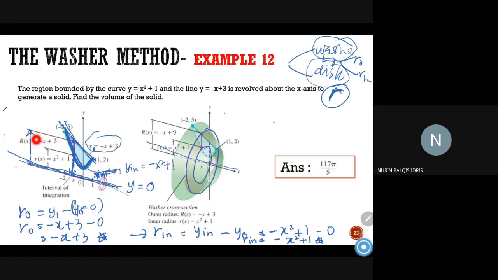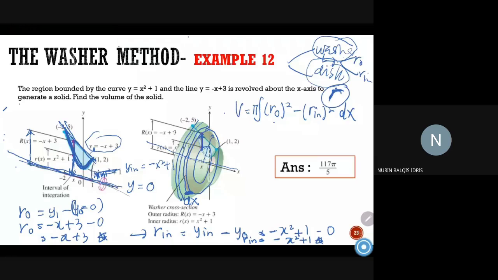Curve dia macam ni, so dia punya thickness of your washer here is dx. Okay, dia macam tu. Dia berlubang. So dia punya radius yang atas tolak dengan yang bawah tadi. Okay, so dia punya integration now, the volume will be equals to pi r out square minus with r in square dx. Dari mana ke mana kita punya dx kat sini?